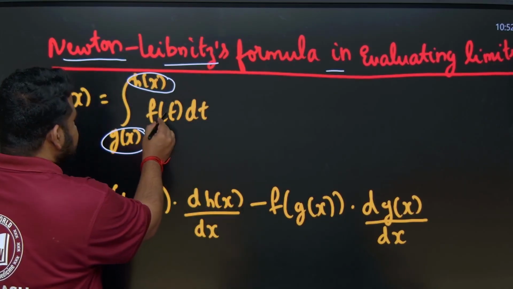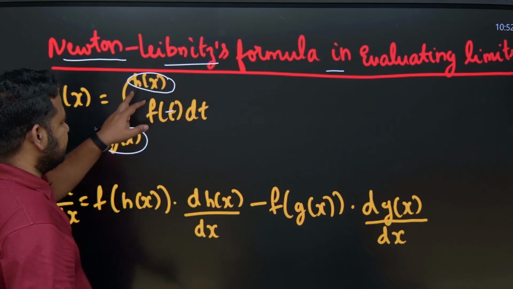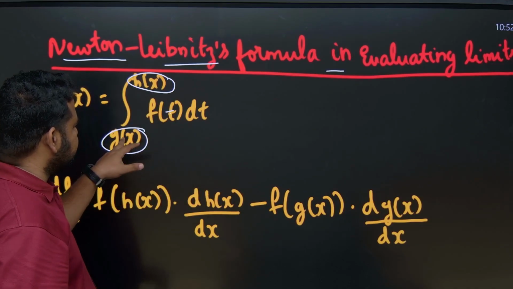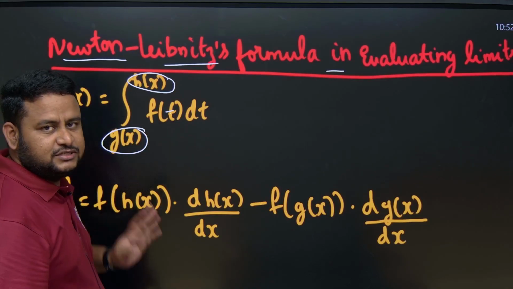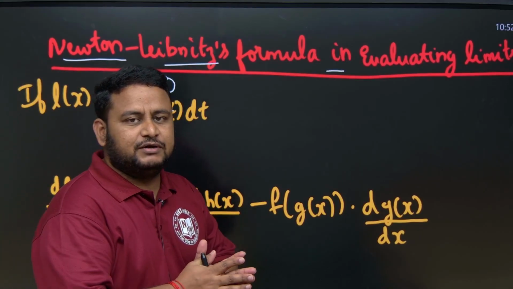So in place of t you put h of x and multiply by the derivative of h of x, and minus, in place of t you put g of x and multiply by the derivative of g of x. That is the Newton-Leibniz formula. Got it, friends?